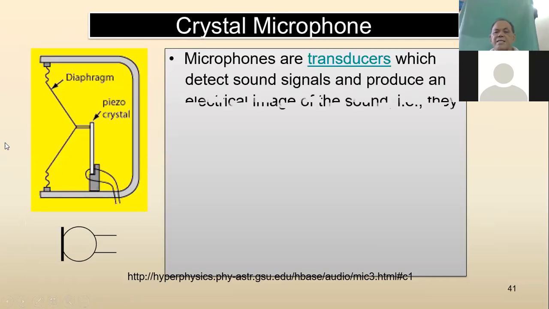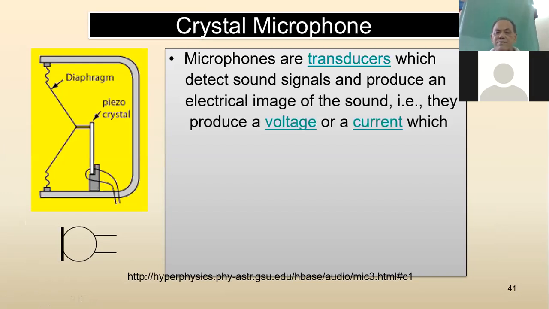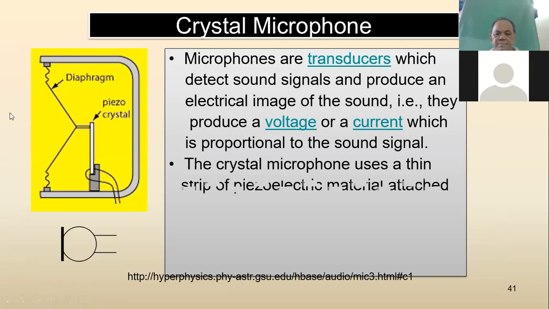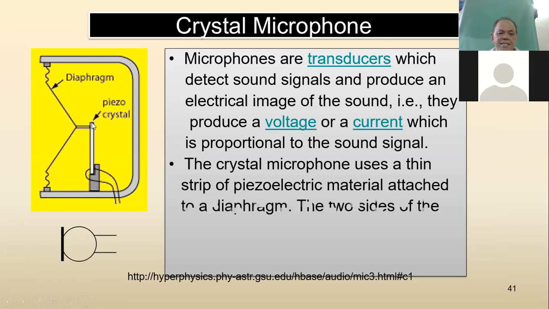Microphones are transducers which detect sound waves and produce a voltage or current proportional to the sound signal. Instead of sound, it converts it to an electrical signal. So this is basically your piezoelectric device: a very thin strip of piezoelectric material attached to a diaphragm.